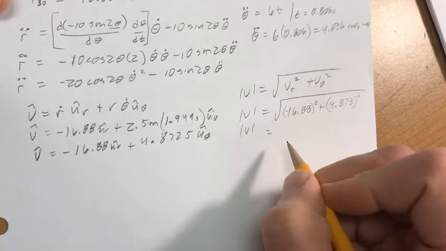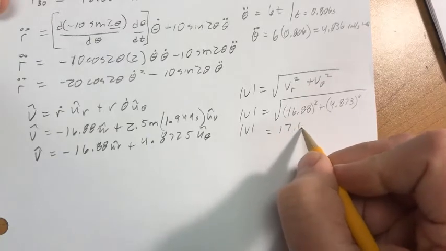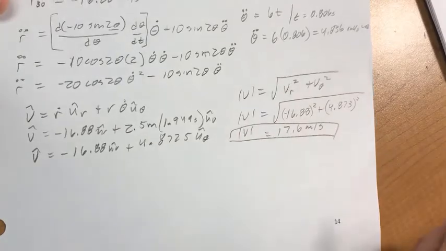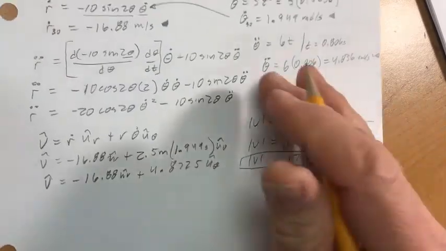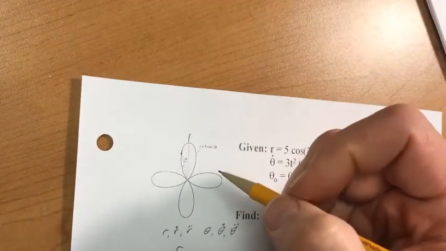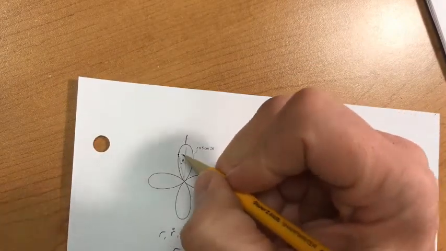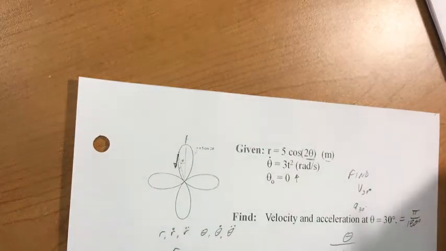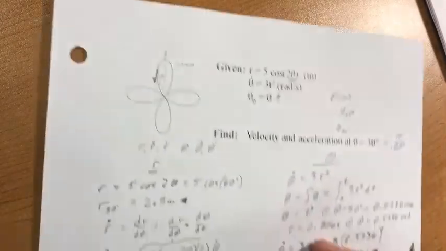So my velocity equals 17.6 meters per second. Right? Cool. That's at 30 degrees. So that means up here, my velocity is 17.6 meters per second at that point at theta equals 30.